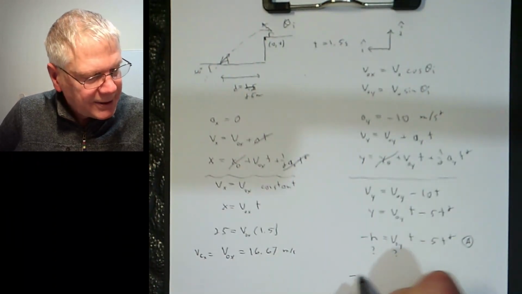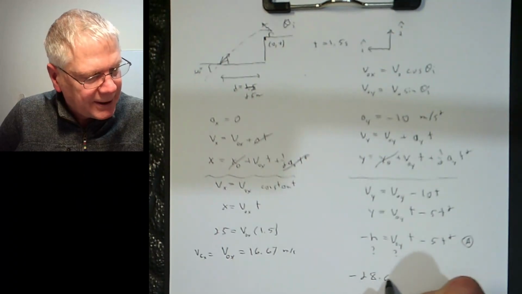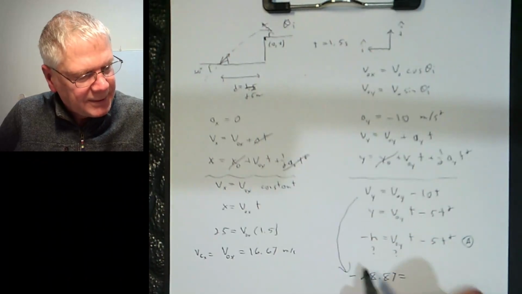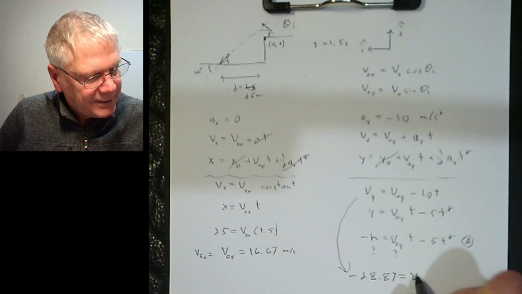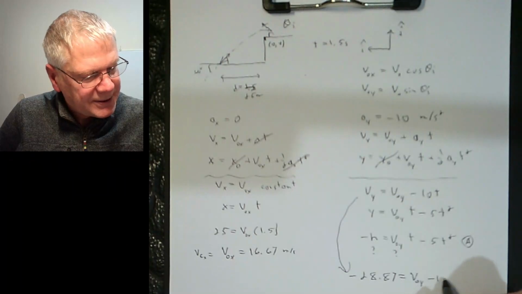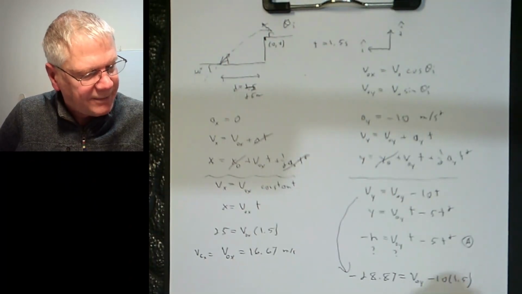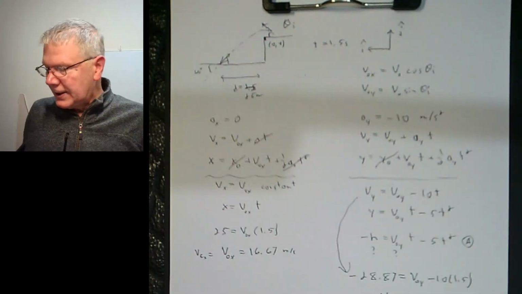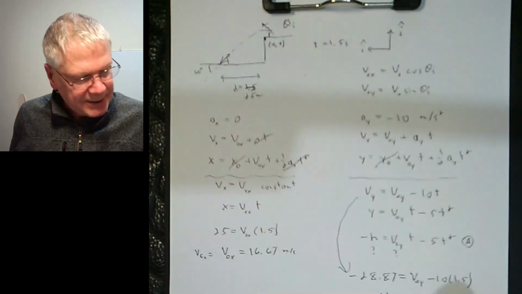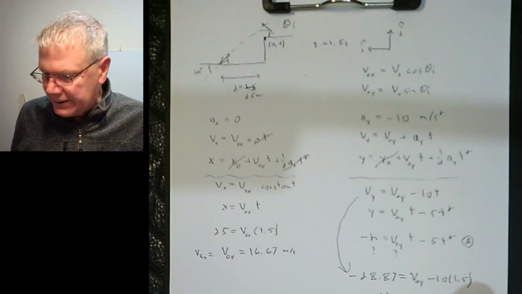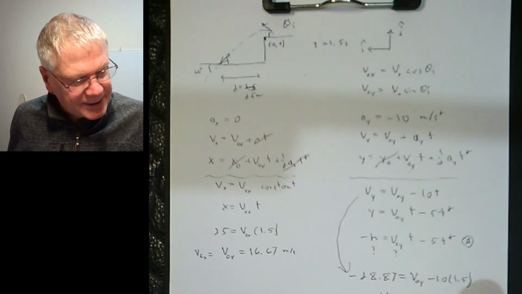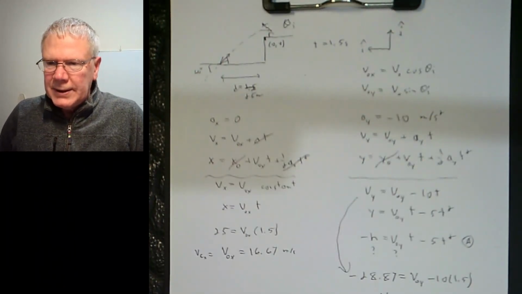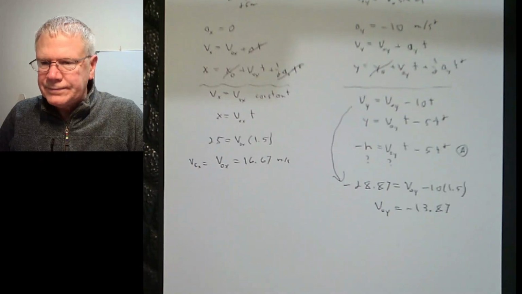So I got minus 28.87 is equal to v0y minus 10 times 1.5, and this lets me find my initial y velocity. Initial y velocity then is minus 13.87.